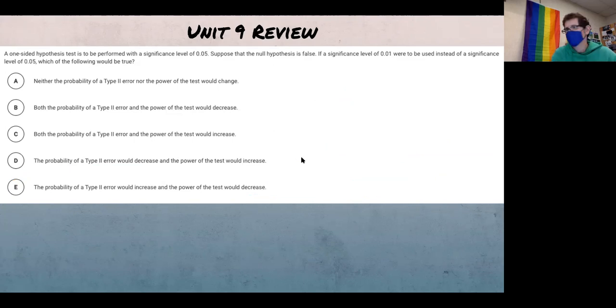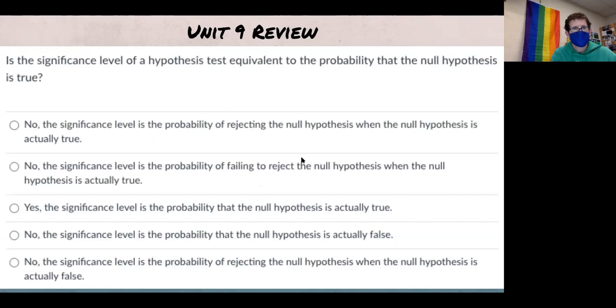Okay, fun times. Last one. So this is a kind of a strange question, but maybe to make sense of this, we need to remember that your significance level is the same as your probability of a type 1 error.